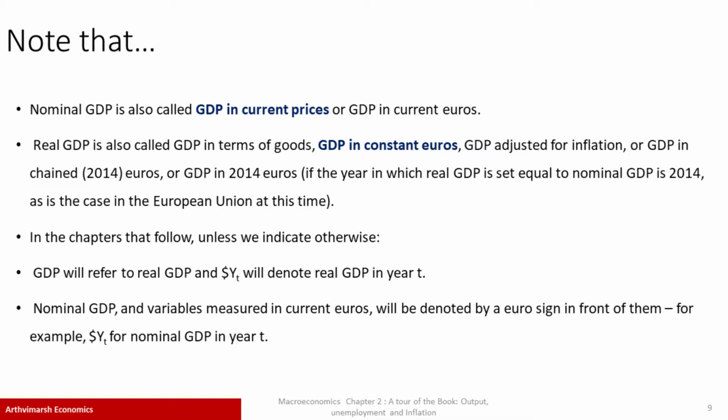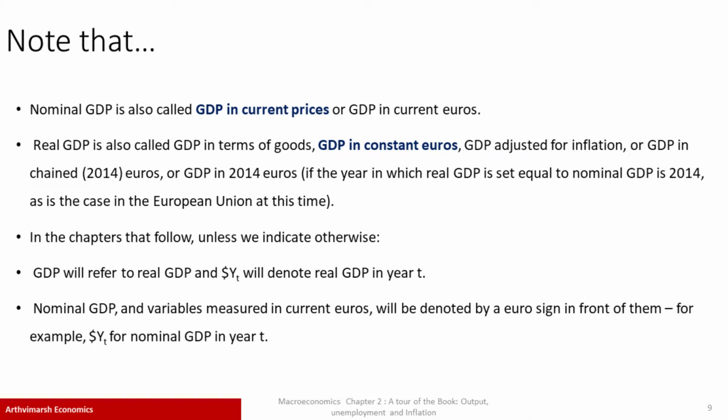Nominal GDP is also called GDP in current prices or GDP in current euros or current dollars. So the key thing here is GDP in current prices is the nominal GDP. Whereas for real GDP, you may encounter terms like GDP in terms of goods, GDP in constant euros or constant dollars, GDP adjusted for inflation or prices, or GDP in chained form of currency.